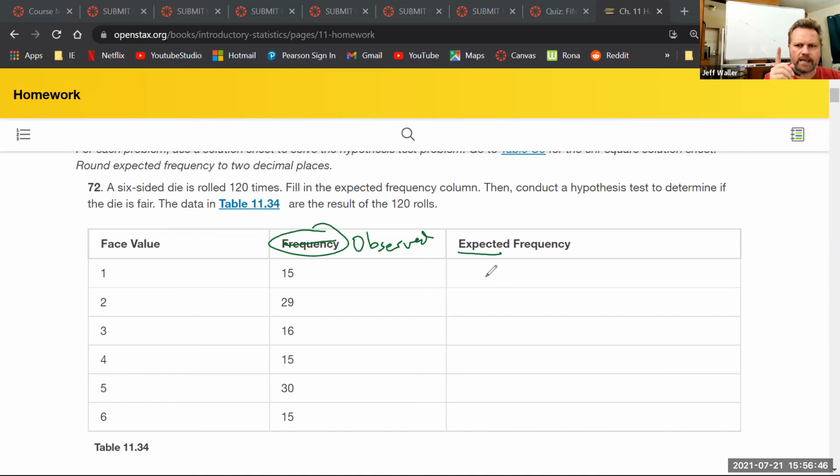I think we did a die problem. If you roll a die 120 times, do you expect any of these to show up more than the others? Should there be any reason, if it's a normal die, that any side shows up more than the others? No. So how many times would you expect each side to show up if you roll it 120 times?